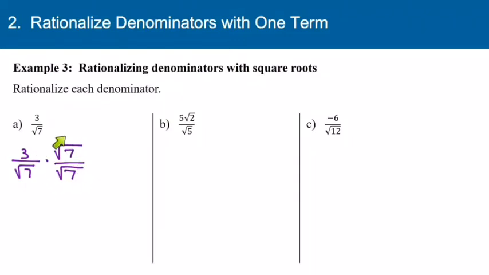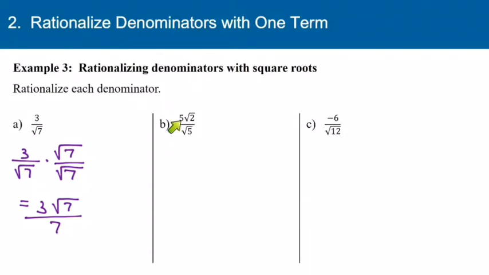Now remember, this is allowed because any quantity divided by itself is 1. So what I have here is this thing times 1, but it's going to let me eliminate the radical from the denominator. So 3 times the square root of 7 is just that, and then square root of 7 times itself is 7. Now if we could reduce this radical, we would have to do that, and if we could reduce this fraction, we would also have to do that, but in this case, this answer is fully simplified.